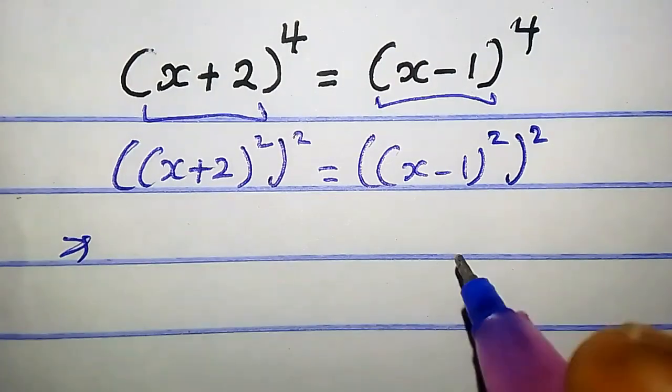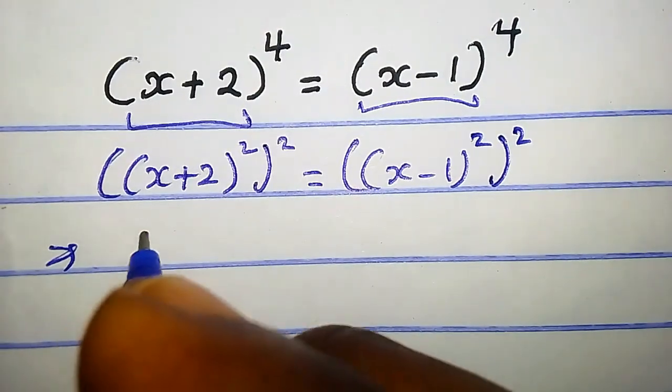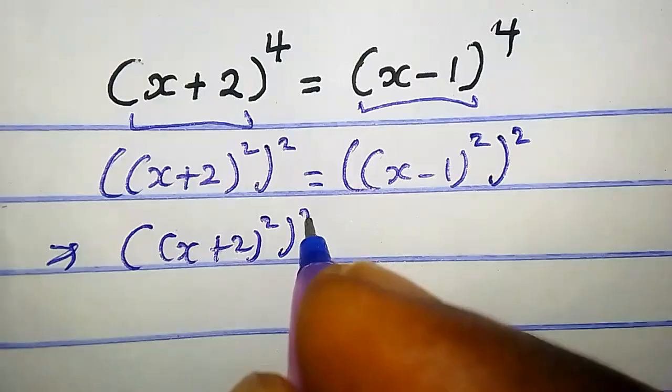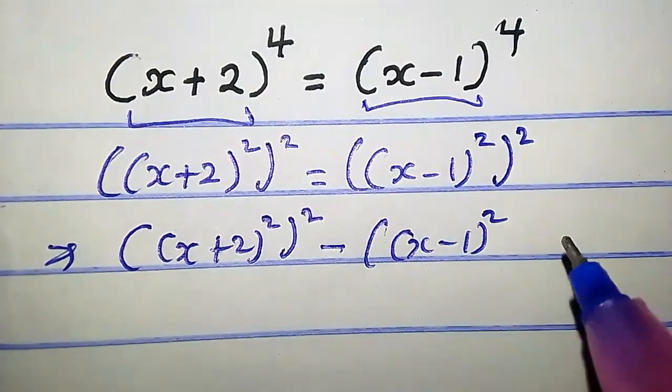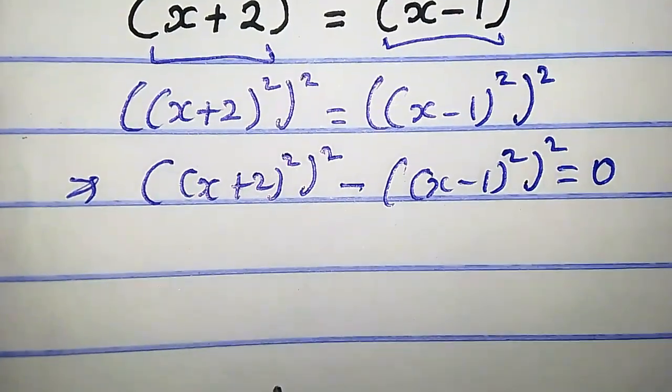This implies that, now let us move the right hand side to the left side. So that will be ((x + 2)^2)^2 minus ((x - 1)^2)^2 equal to 0. Let's continue.